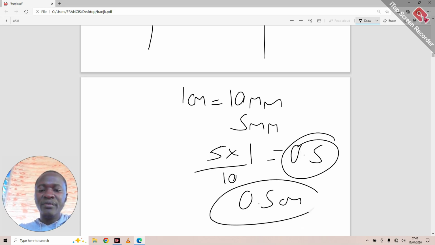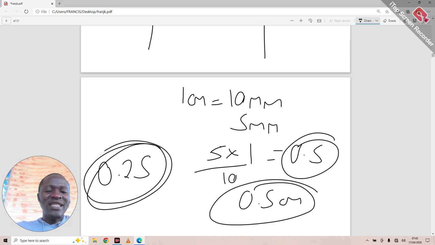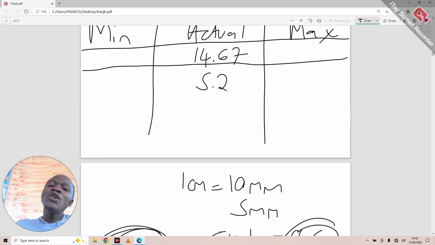Centimeter. So you take this 0.5, you divide it by 2 to get the absolute error. That one is 0.25. Now, it is this 0.25 that you will add to each and every number to get their maximum and subtract to get their minimum. That is why I told you to understand. Understanding is better than knowing.